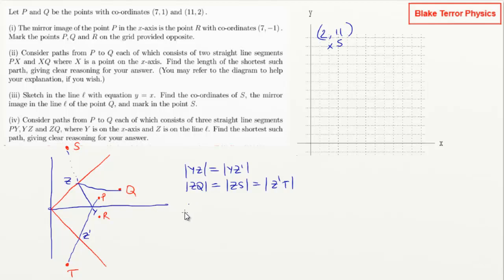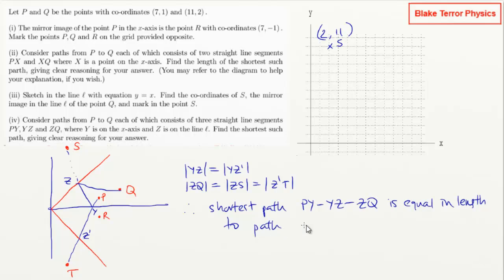And therefore, the shortest path PY, then YZ, then ZQ, is equal in length to the path PT.